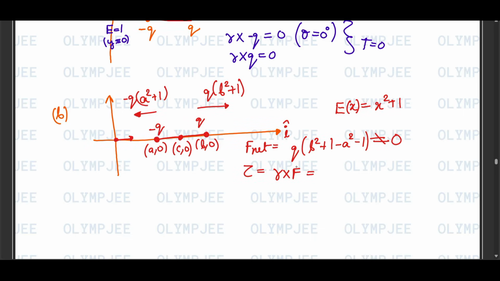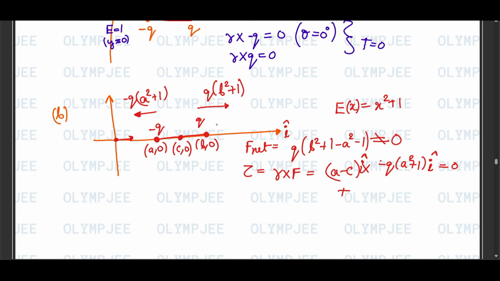So this will be equal to a minus c cross product with minus q a square plus 1, and this is in minus I direction and this is in minus I direction. So this will be equal to 0 because I cross I is 0.